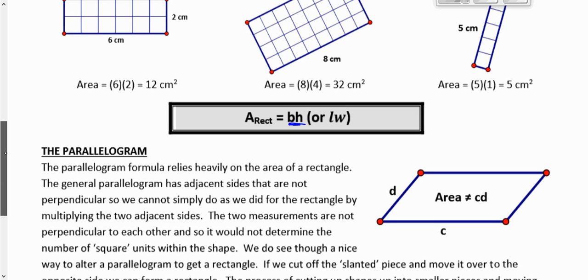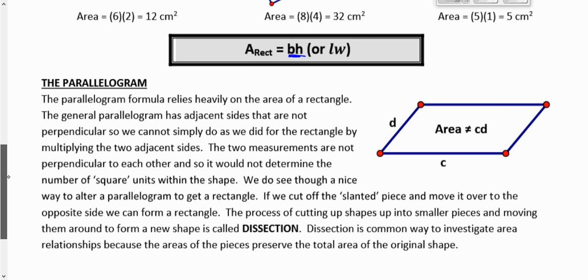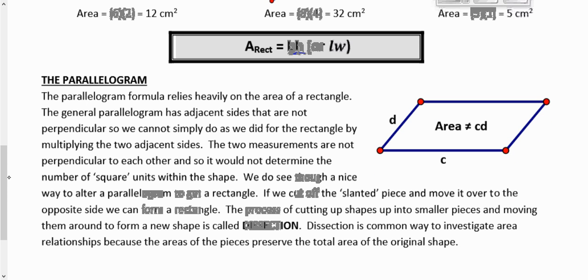Now, for just a regular old parallelogram, it's not necessarily a rectangle, it's a little bit different, right? The area of this parallelogram, would it be D times C? It would not. Why not? Okay? Because we must have base perpendicular to height.